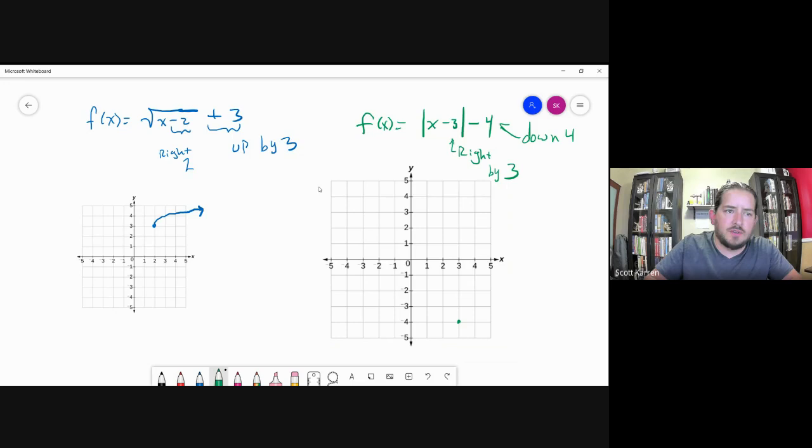So all I have to do is pray to God that I can draw a straight line, and I can't. But close. And then go on the other side here. From here, up there, there. Wow, not very straight. I should probably just start using my ruler, but I'm not going to because it takes forever. But that's it. That's my graph of that function.